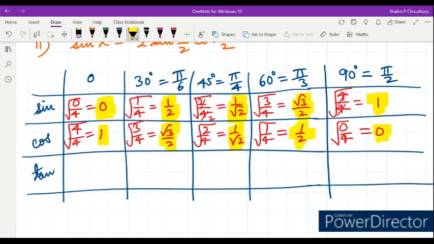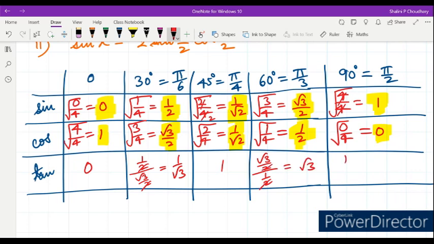Now tan is sin upon cos. So 0 upon 1 is 0. 1/2 divided by root 3/2 gives 1/root 3. 1/root 2 divided by 1/root 2 gives 1. Root 3/2 divided by 1/2 gives root 3.